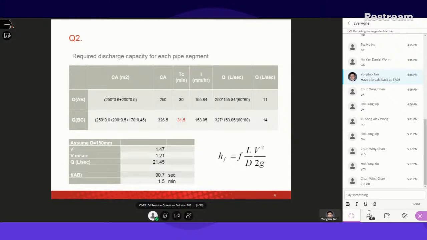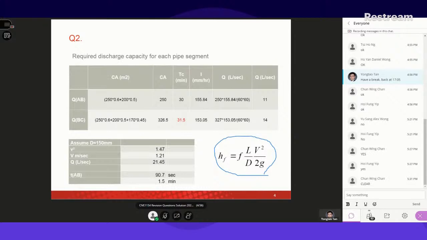So we'll use the Darcy-Weisbach equation. We introduced this equation already. Using the Darcy-Weisbach equation, we can get the time. Firstly we need to get the velocity in the pipe AB and the velocity in BC, because L, the length of the pipe BC, is given.